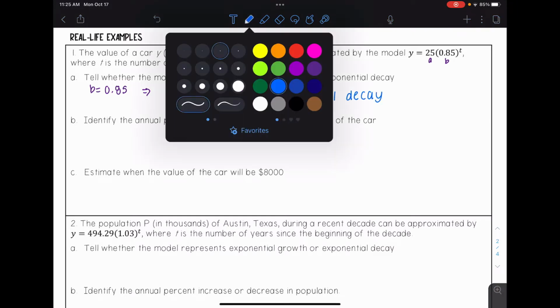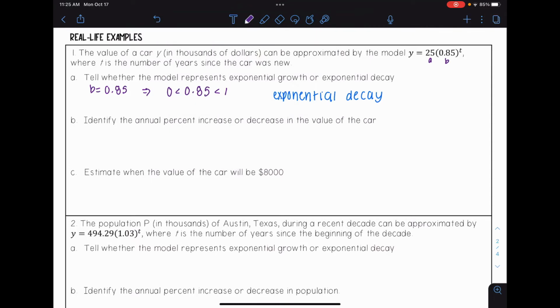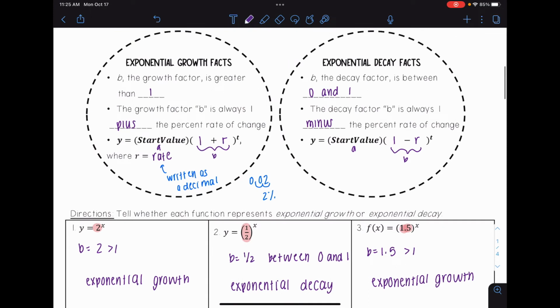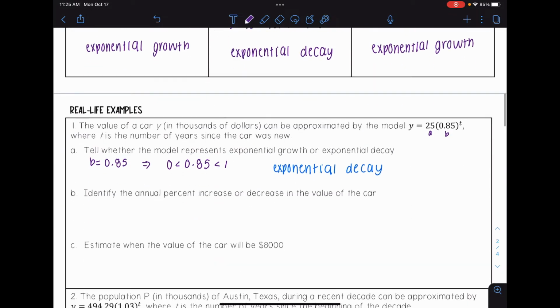Okay, next I want to identify the annual percent increase or decrease in the value of the car. Well, here, because t is given in years, the decay factor is going to come from that 0.85. And so I know that 0.85 is equal to 1 minus r, because my b value is equal to 1 minus r.